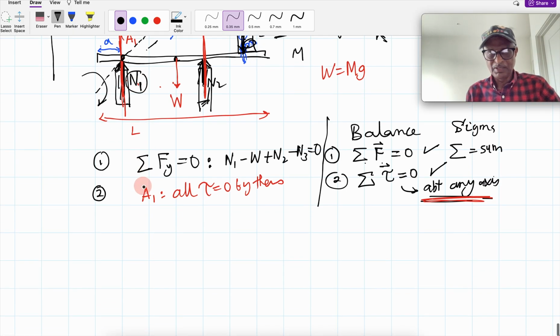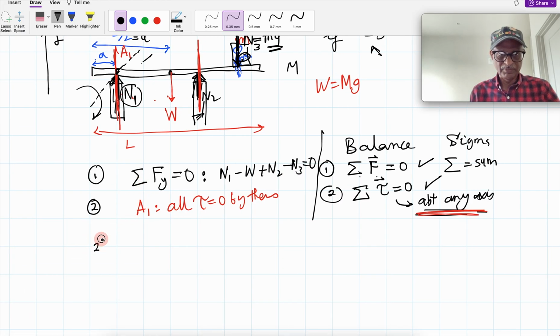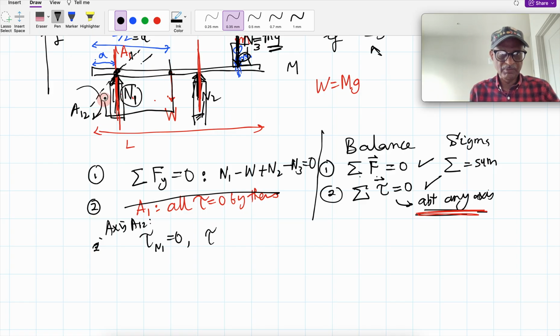So there I do have a choice. Let's call this axis A12 through the point 1, and torque of N1 will be 0. Over here, there will be a vertical plane through which this is passing.